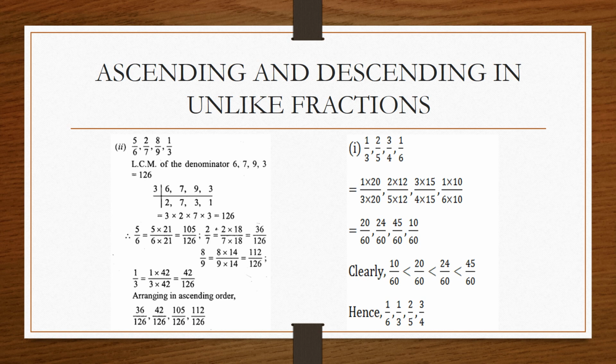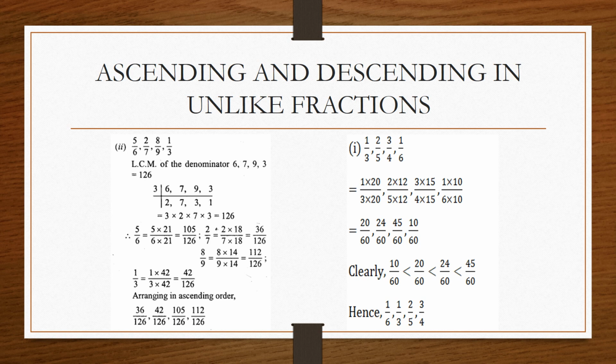And in the last fraction, 1 by 6, you have to multiply 6 by 10 to make the denominator 60, so 1 into 10 by 6 into 10. Now you can see all the denominators are 60, so this has turned into like fractions: 20 by 60, 24 by 60, 45 by 60 and 10 by 60.